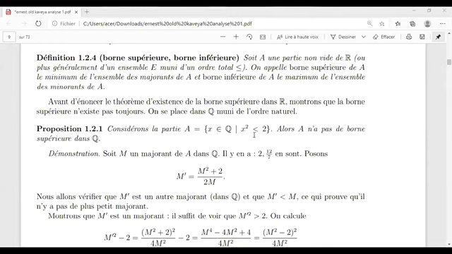Square root of 2. Is square root of 2 a natural number? I mean, a rational number. No. Voila. So that's what should start making you think before you solve anything. Alors, A n'a pas de bound supérieur dans Q. Pourquoi? Because when you start proving, when you get to solve this part here, that's when you want to understand what is really going on with the question that you have there.